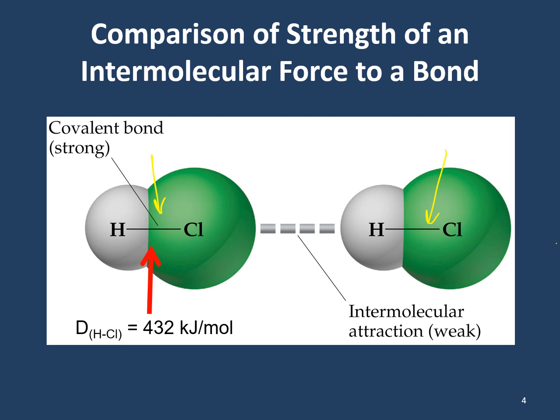That's a relatively reasonable covalent bond enthalpy. If we look at the actual strength of this intermolecular force holding these two molecules together, it's only about 20 to 30 kilojoules of energy. So you can see we're talking about a difference of almost 20 times in strength, right? Our bond strength between the HCl is almost 20 times stronger than the intermolecular force holding these two molecules together.